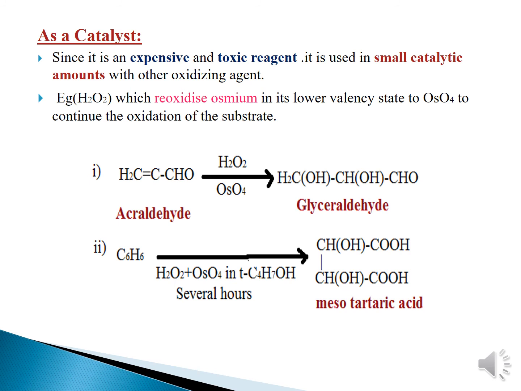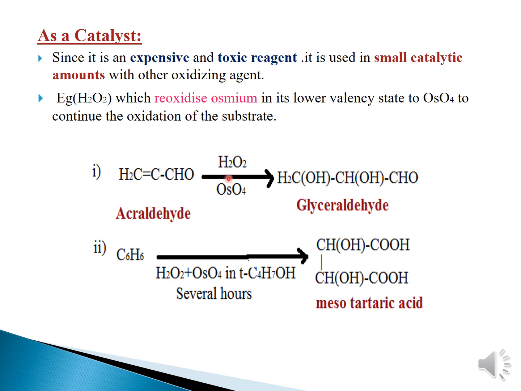Moving on to how it reacts as a catalyst. As a catalyst, it is a very expensive and toxic reagent, so it is used in very small amounts with another oxidizing agent, such as hydrogen peroxide.